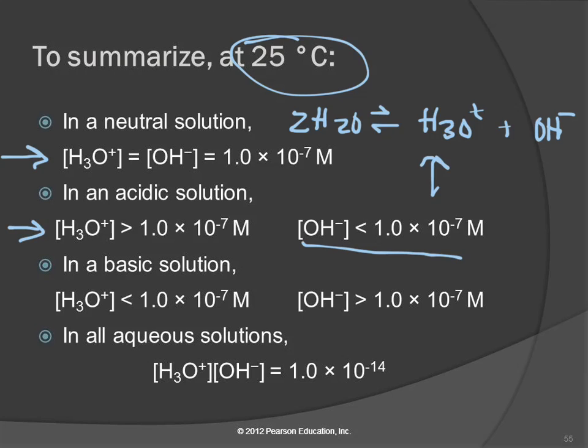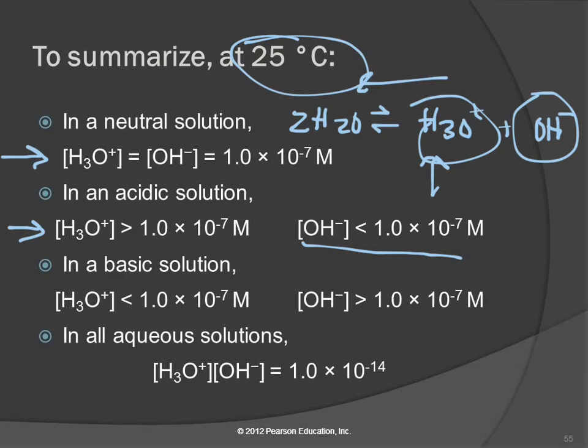If we increase the H3O plus concentration by adding an acid, what does that do to the equilibrium? It shifts it to the reactants, right? So if this reaction goes this way, what does it do to the hydroxide ion concentration? That must go down, right? Because in order for it to go that way, some of this and some of that are going to react and form water. So if the one goes up, the other goes down.